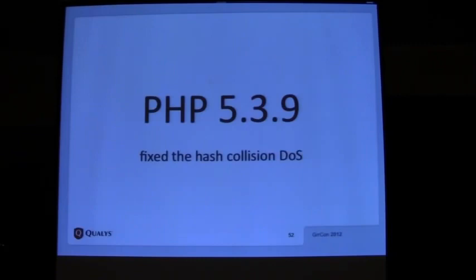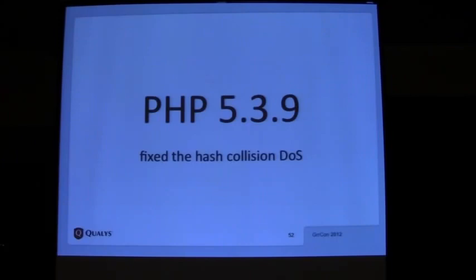Even Microsoft had a patch for this. Microsoft fixed it with MS11-100. Also, there was a patch for Tomcat. So basically, a hash collision denial of service vulnerability is where you have a web server and you bombard it with lots and lots of POST variables.